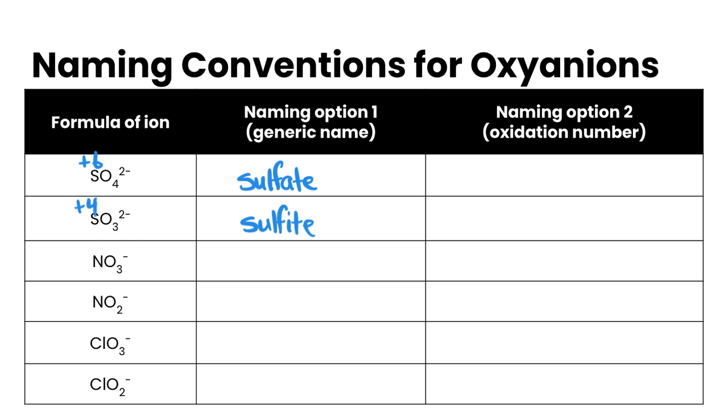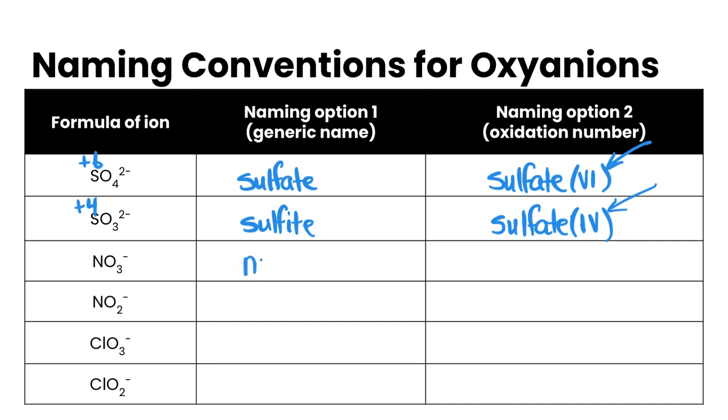So instead of using the sulfate-sulfite naming convention, we could instead call this sulfate with the Roman numeral 6, and we could call this one sulfate with the Roman numeral 4. So we could use these Roman numerals at the end of the polyatomic name in order to indicate the oxidation state of the element that's not oxygen in these polyatomic ions or oxyanions.